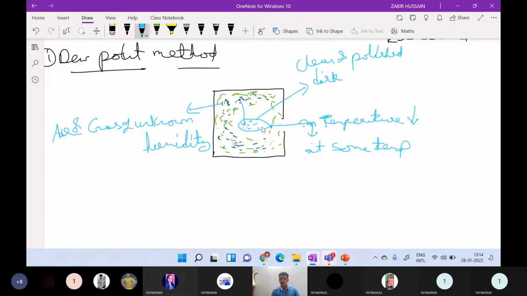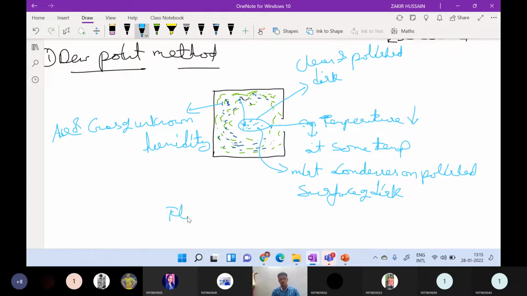The point at which the mist condenses is called the dew point temperature. This is mist condensing on the polished surface of the disc.